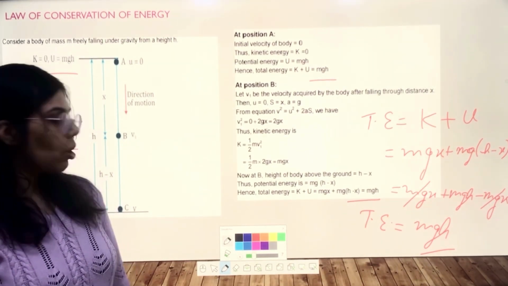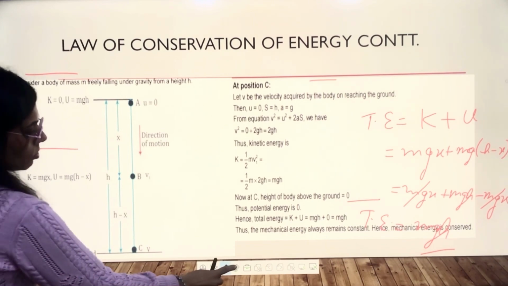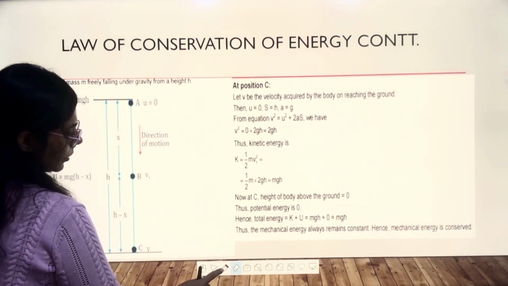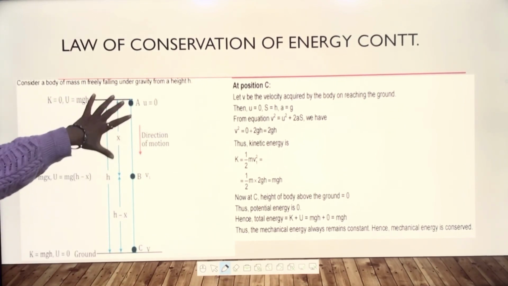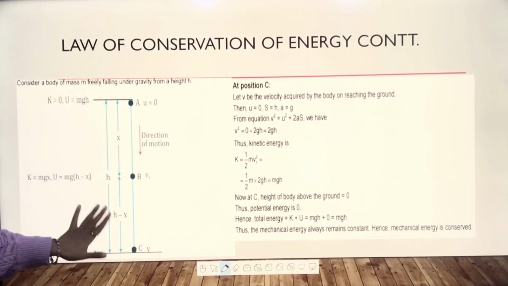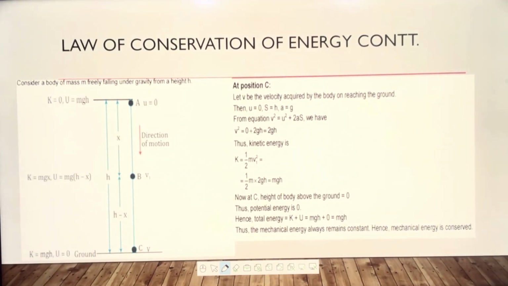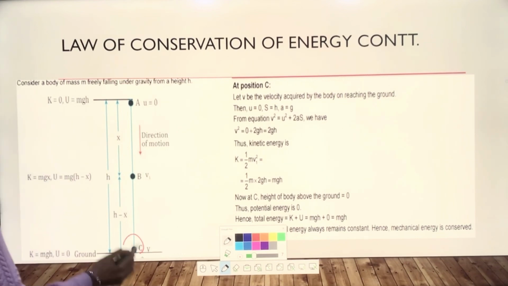Now let us talk about point C. In both these cases, the value of total energy was mgh. Now let us talk about position C. What will be the total energy?